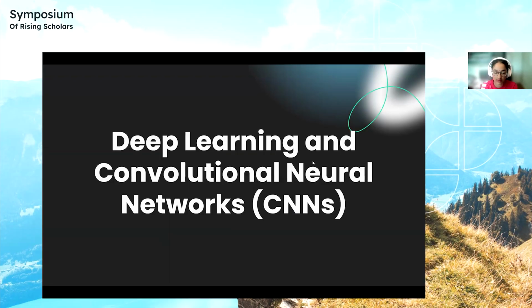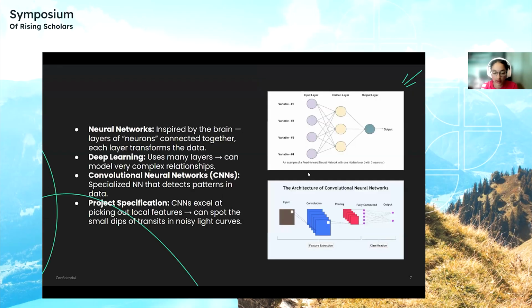So first, let's go over some important terms in order to understand the structure of my project. Let's start with deep learning and convolutional neural networks. A neural network is a kind of network that's inspired by the brain, and you can think of it as layers of connected neurons, and each of these neurons holds a piece of information, and each layer transforms the data.